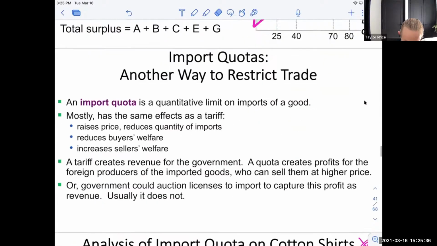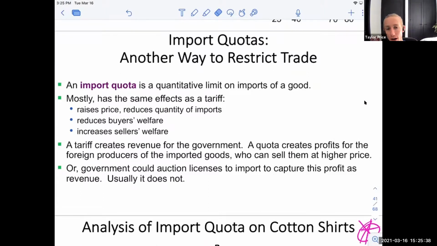So import quotas, I feel like they're a lot more complicated to think through, but they're actually basically the same thing as a tariff. The difference between an import quota and a tariff is that import quotas are just saying there is a limit on the quantity of goods that a country can import.